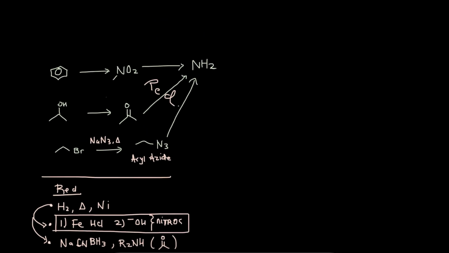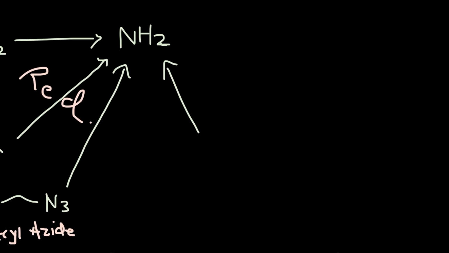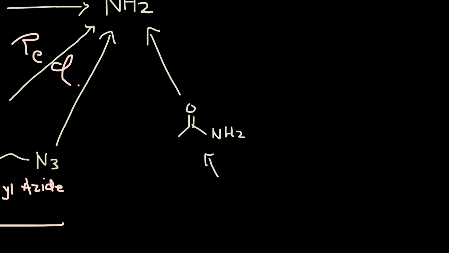Okay. Now, there is one other synthetic method, and that is when you're starting with some sort of acyl group. So you could start with an amide. Well, not you, but the exam could start with an amide. Or it could start with an acyl chloride. Or it could start with a carboxylic acid. But just know that these follow the same pathway, so it's really nothing daunting.